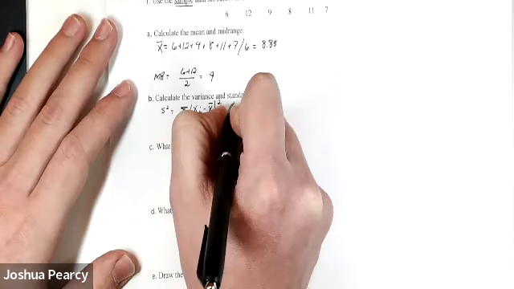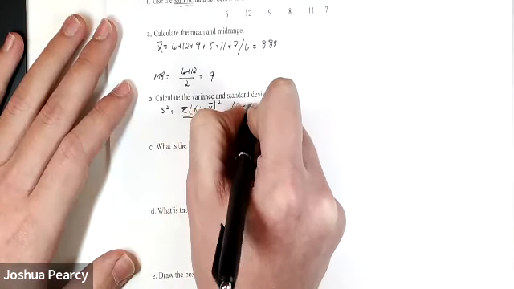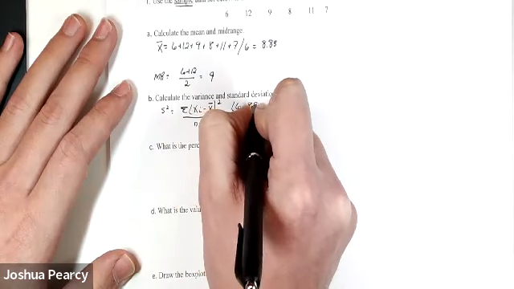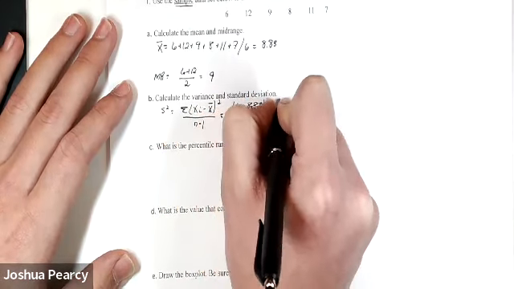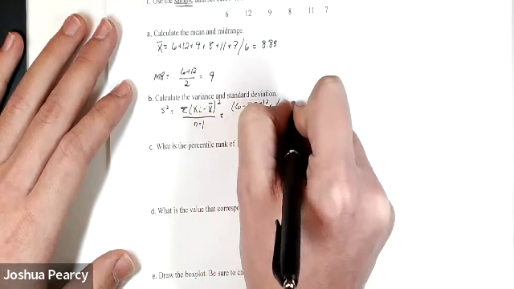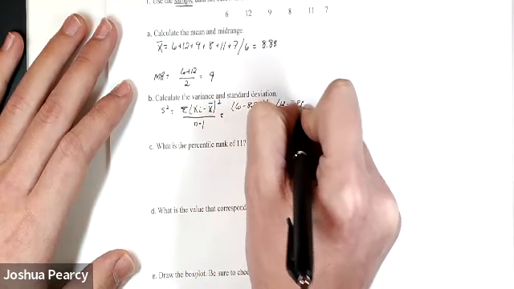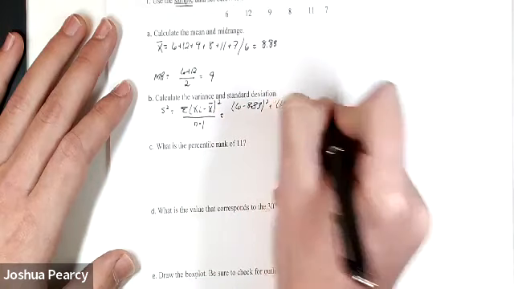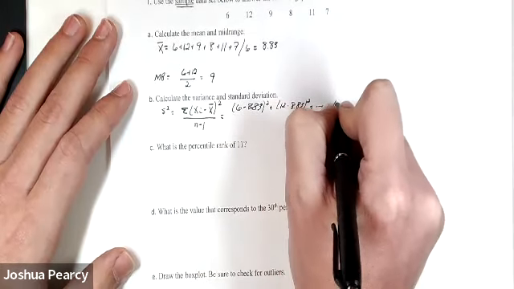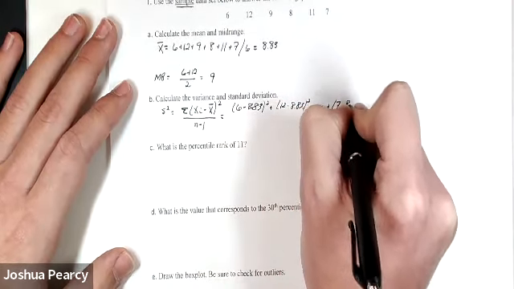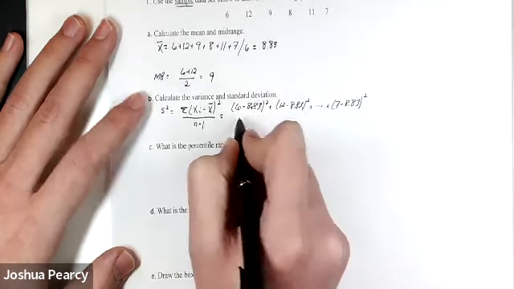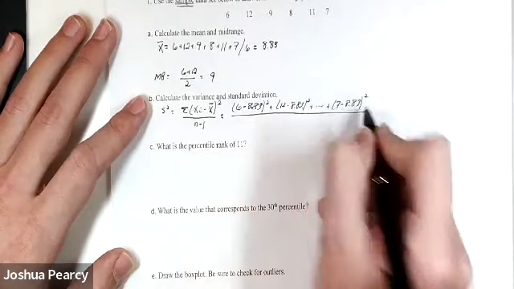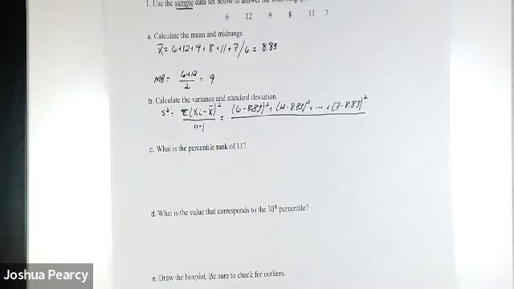We would have 6 minus 8.83 squared plus 12 minus 8.83 squared, all the way up until 7 minus 8.83 squared, and then divide by n minus 1. Here n is 6, so you divide by 5.